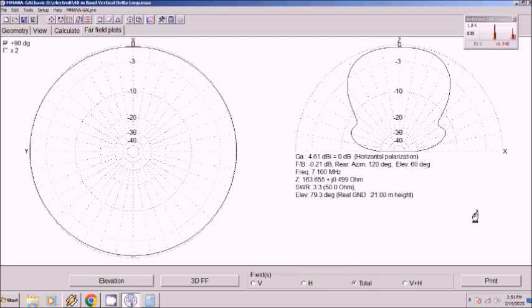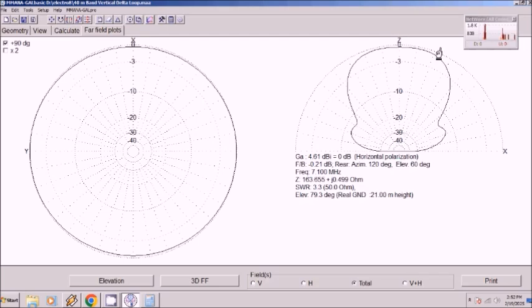And this is to check the elevation angle. You see here the elevation angle for the best gain is 60 degrees to the ground. This is the ground. This is 90 degrees perpendicular, and this is 60 degrees.